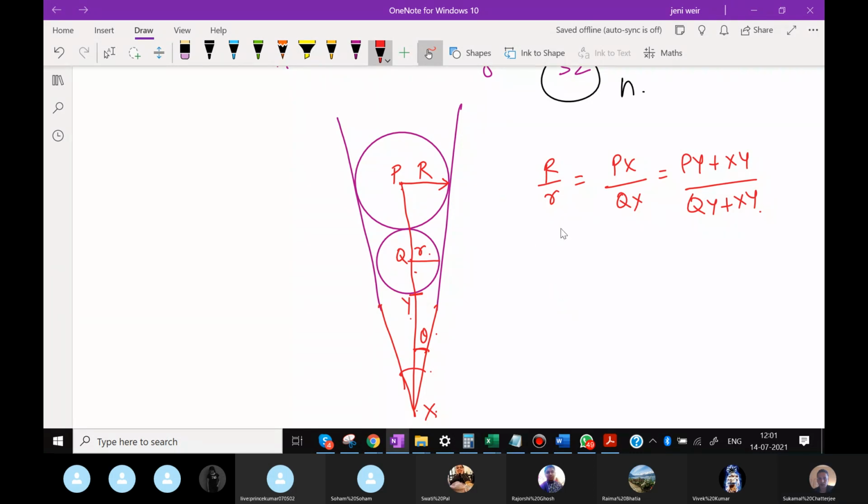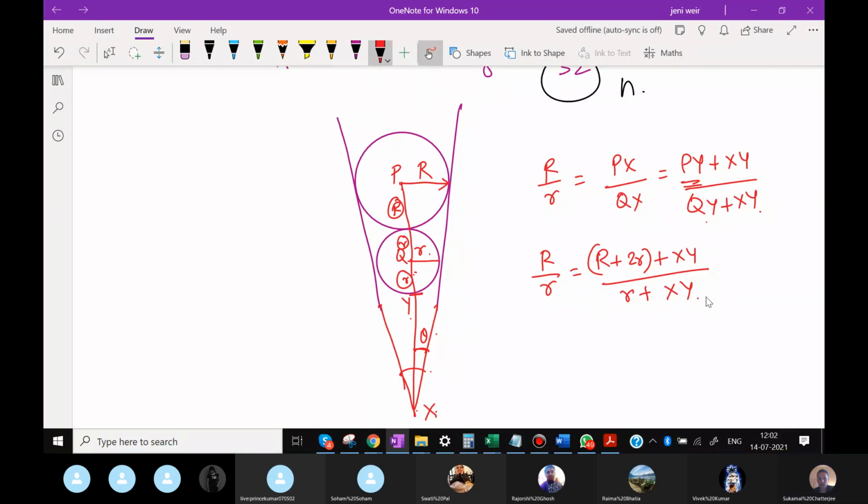And we know that this is R, this is small r, this is also small r. So PQ will be R plus r, and PY would be capital R plus 2 small r. So R by r will be PY, which is capital R plus 2 small r plus XY, by QY, which is small r plus XY, right?